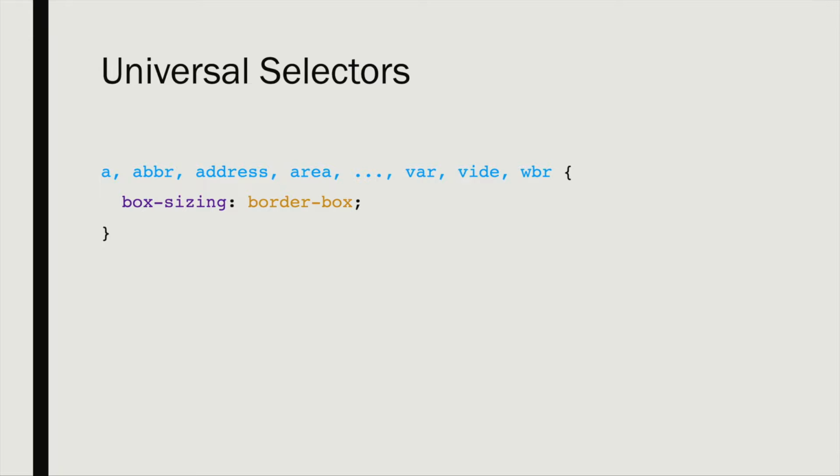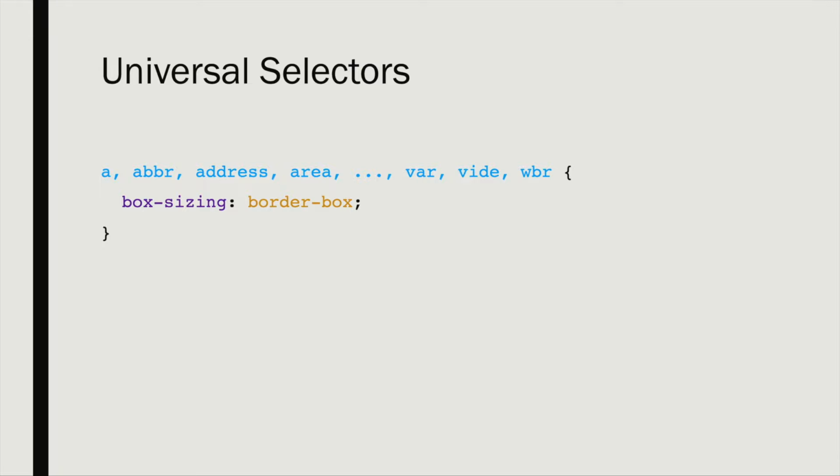For universal selectors, if you want to apply something such as box sizing and border box to every element, instead of listing all 87 of them, such as ABBR, address, area, so on, to var, VIDEO, and WBR, you can actually use something called a universal selector and apply a single rule or a single group of rules to every element on the site.